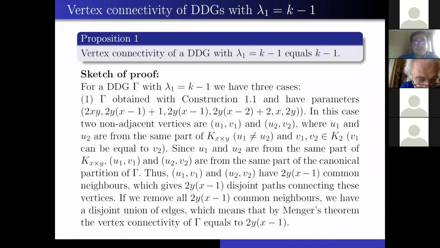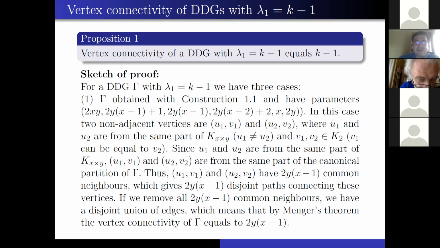Let us consider construction 1.1. In this case, two non-adjacent vertices are (u1, v1) and (u2, v2), where u1 and u2 are from the same part of K_{x times y}. It's really important that u1 does not equal u2. And v1 and v2 are from an edge; v1 can be equal to v2, or they can be different. Since u1 and u2 are from the same part of K_{x times y}, these two non-adjacent vertices are from the same part of the canonical partition of gamma.